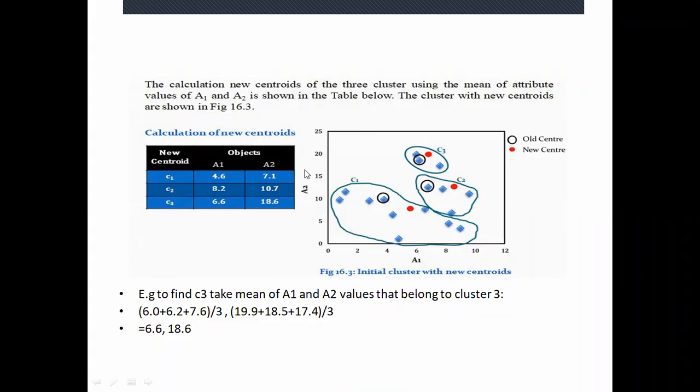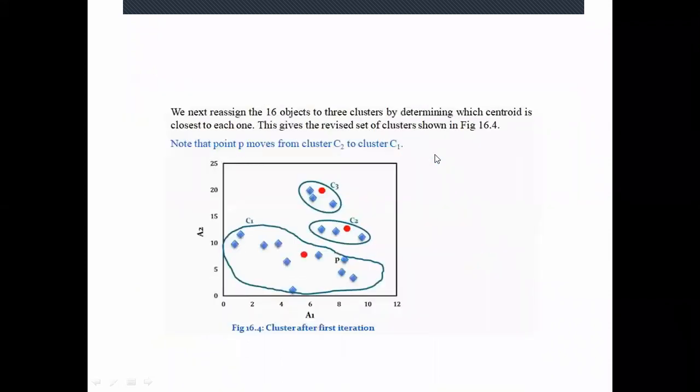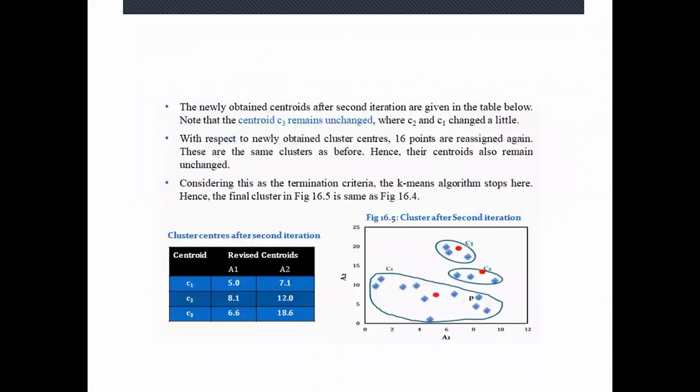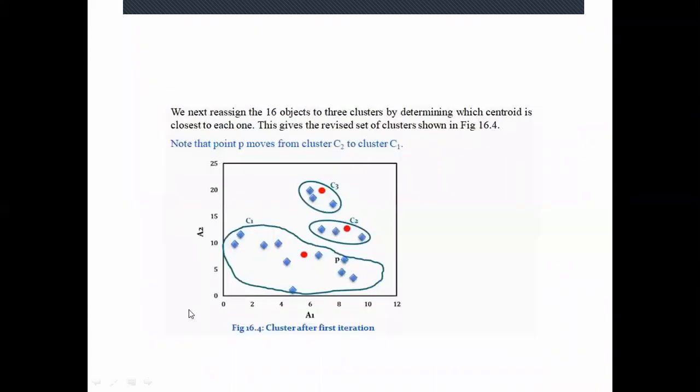Once you have the new centroids, you again check the distances of all the data points from C1, C2, and C3. Again, you are finding the distances of different data points from all three clusters.